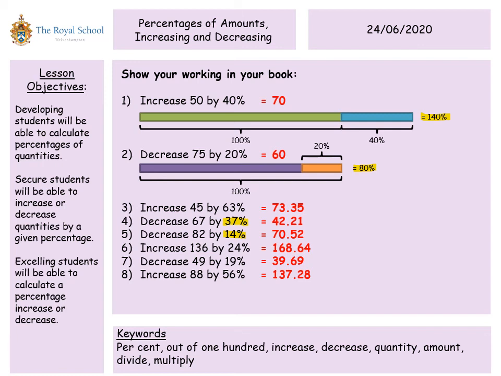For number 7, we'd be doing 49 times 0.81, and then for number 8, we've got an increase again, so it'd be 88 times 1.56. So if it helps you out with drawing those bars and the diagrams to visualize these, it might be really useful just to get you started. Remember, those increases are going to be over 100%, so 1 point something, and then those decreases are going to be less than 100%, so you should be multiplying by 0 point something.